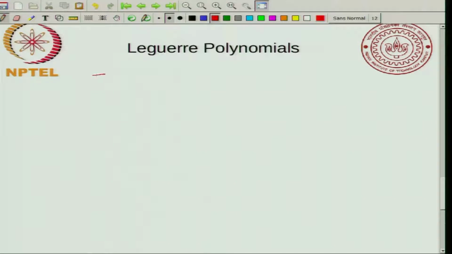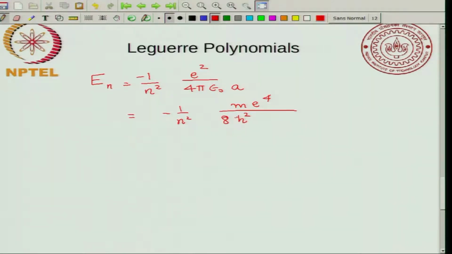E, with a subscript n, goes as minus 1 by n square times e square by 4 pi epsilon 0 a, and if you substitute the value of a, you will get minus 1 over n square times m e to the fourth divided by 8 epsilon 0 square h square, and this is the usual energy expression for the bound state.